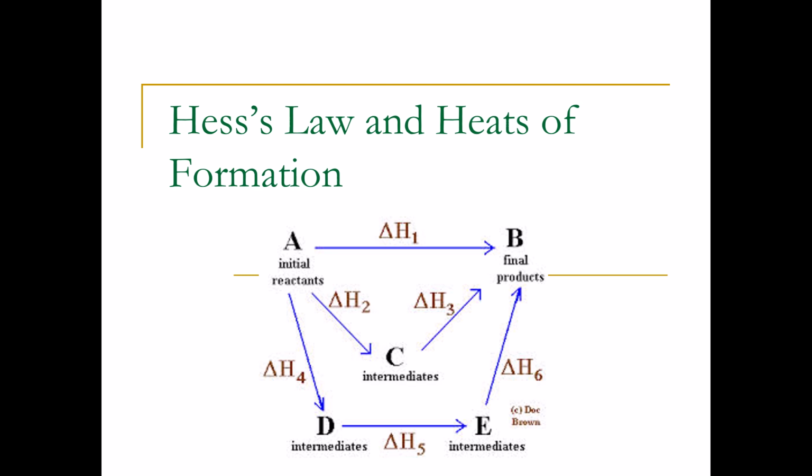So in the diagram that we see here, we have multiple pathways between initial reactants A and final products B. If we're trying to find this delta H1 for our direct pathway, we could use delta H values that we know of for other reactions, such as A going to C and then C going to B, or A going to D, D going to E, and then E going to B. Despite the fact that there are different pathways that we can use, we can employ the idea of state functions to determine that the pathway is irrelevant to our delta H calculation, and that regardless of which pathway we picked, we would get the same value for our delta H1.